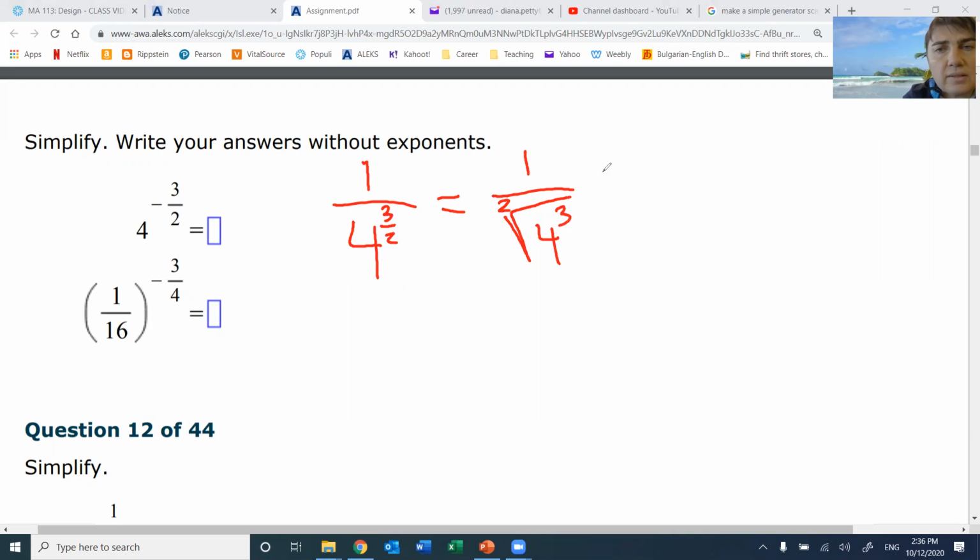Now let's simplify this. You have 2 and then a group of 3 fours, right? So one group of 2 fours can come out. So a 4 would come out, and you have another 4 here, which is weird. Wait, no, yeah, it is one group of 4, but this square root of 4 is 2, right? So the whole thing is 1 over 8.